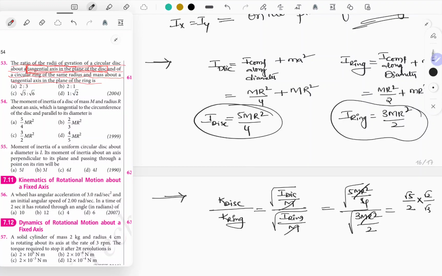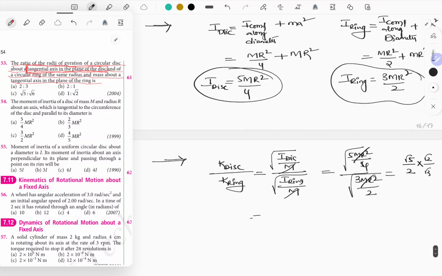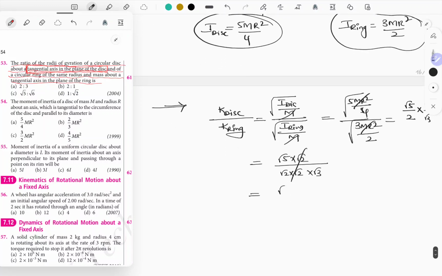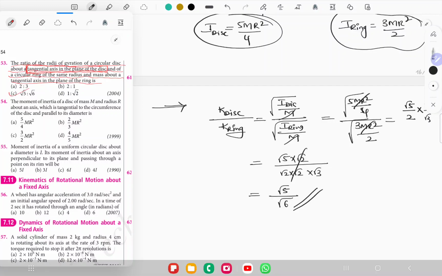This 2 can be written in the form of root 2 into root 2. It is root 5 into root 2 divided by root 2 into root 2 into root 3. Can we write it like this? Yes, we can. So finally it is represented as root 5 divided by root of 2 into 3, which is 6. So the answer is root 5 is to root 6. So which option matches? For question number 53, option C is correct.